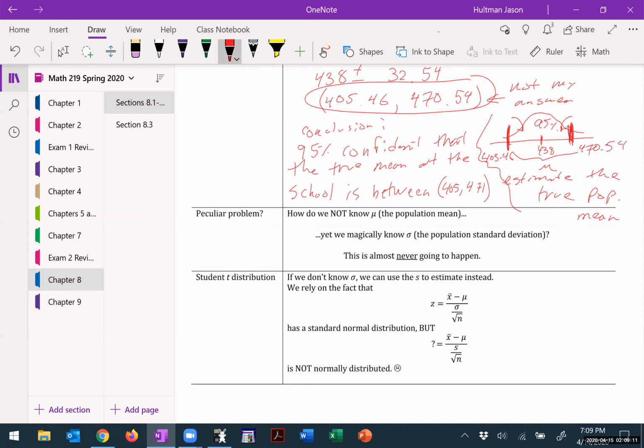Absolutely. The true mean could be 600. Hell, it could be 800 for all we know. But we'd only be 0.000001% sure that it would be 600. Does that make sense? This is a good place to look.